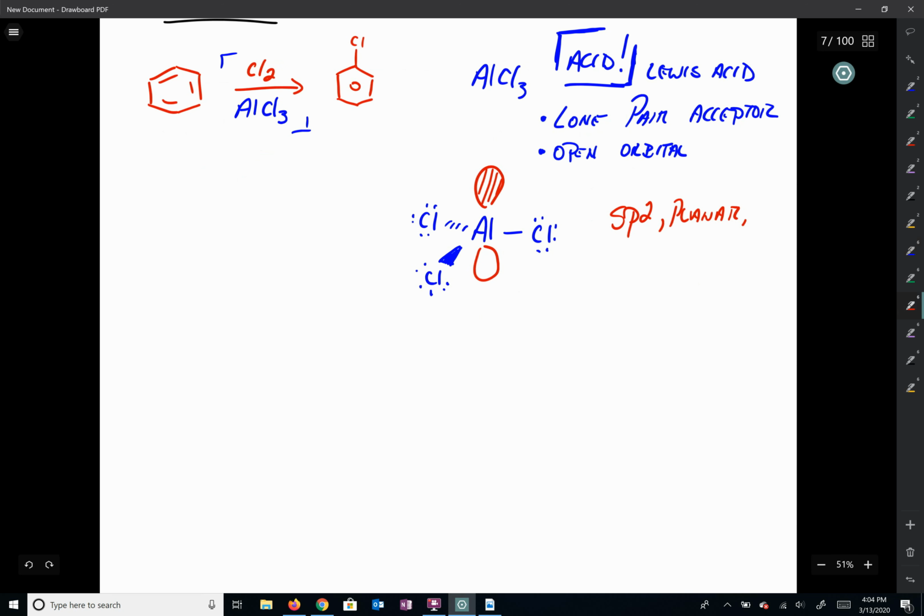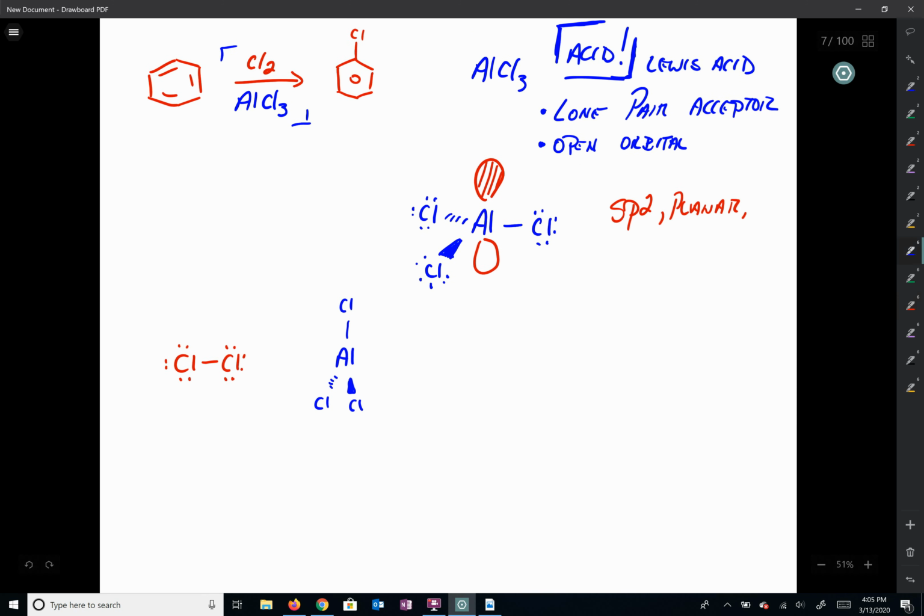So we're going to get our chlorine. We're going to get the aluminum here. I'm just going to draw it like this, and maybe you guys will see why in a second, if you don't already see it.